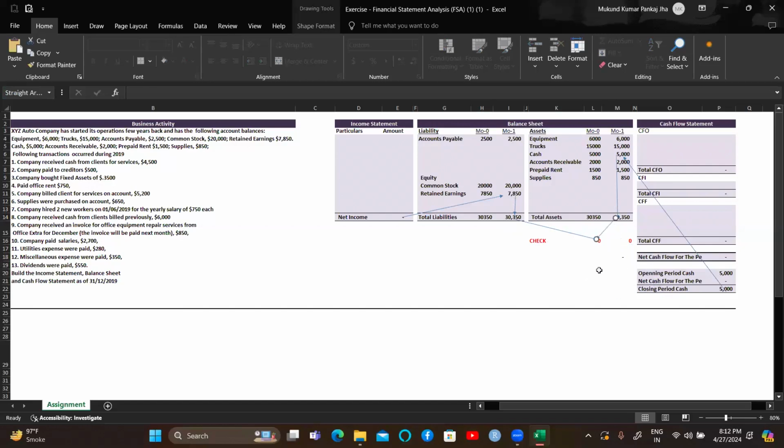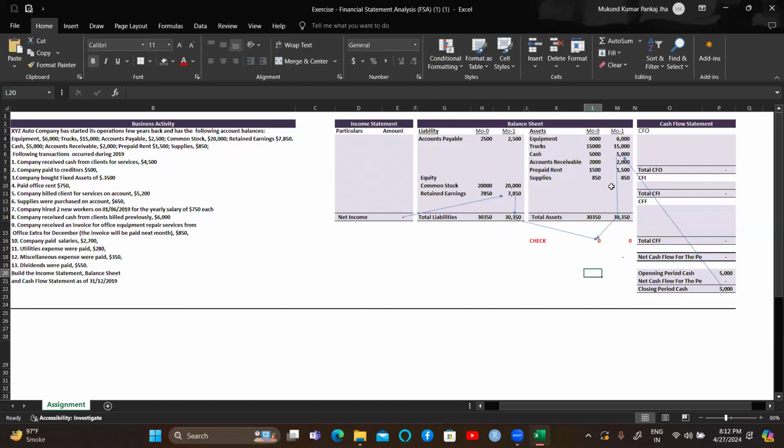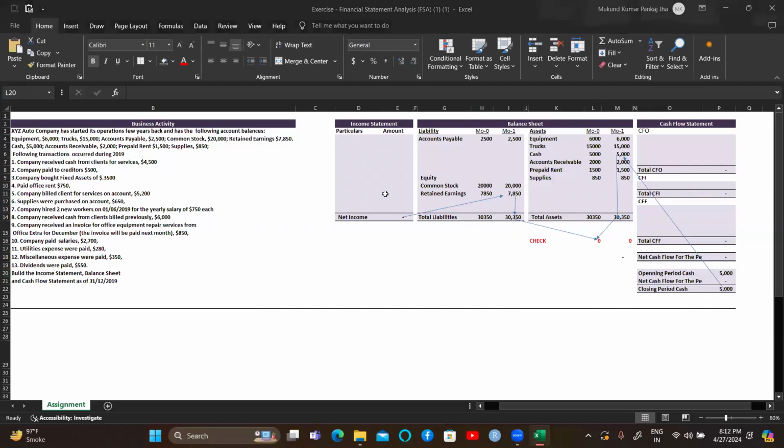And that is how I made my model interlinked, so that every element after every entry should match my balance sheet.